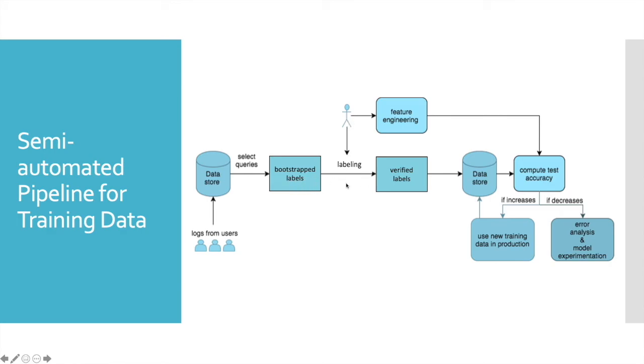And once those labels are verified, those are now gold labels, which can be added to your data store as training data. You should then compute your test accuracy. If the model accuracy increases, you can deploy it and start using it in production. If it decreases, you should do some error analysis and model experimentation to see what went wrong. And in some cases, that may require doing some additional feature engineering on the label data that you added.